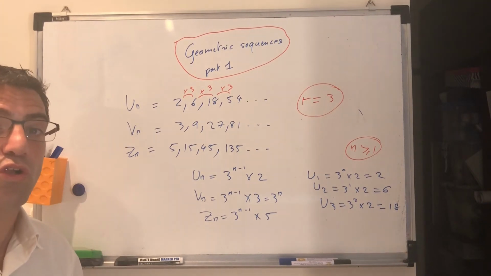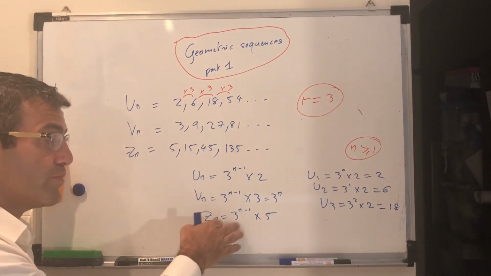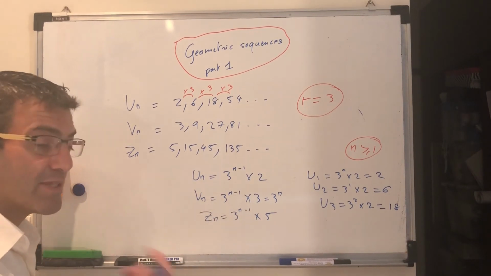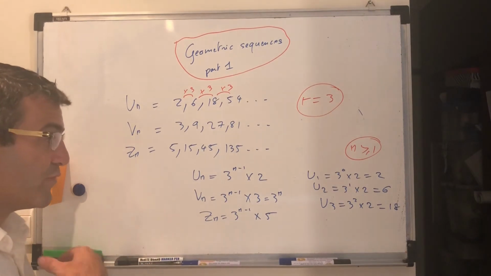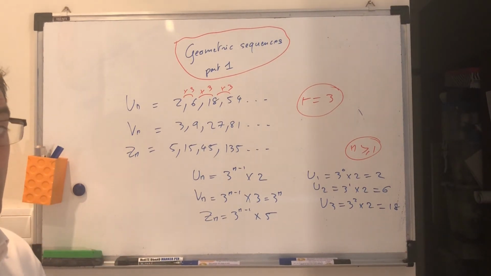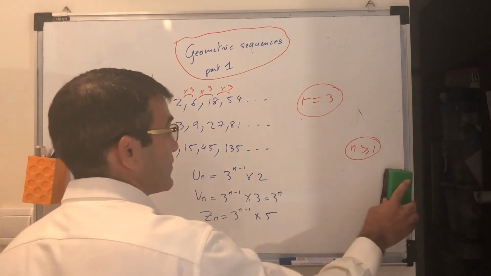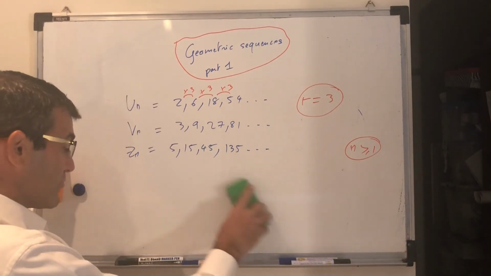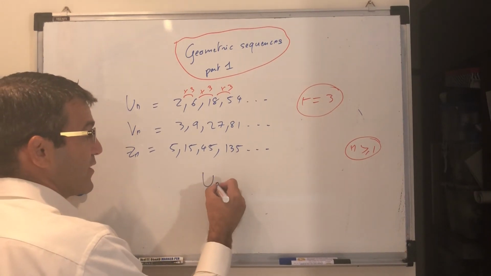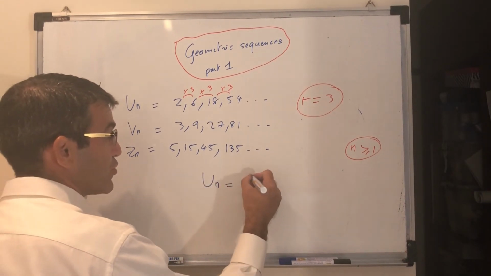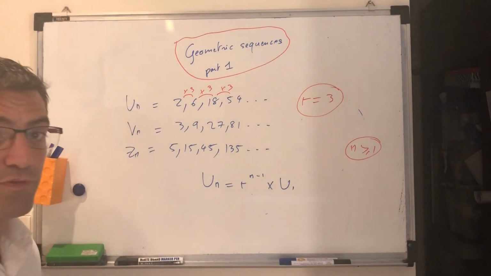This is how you name the sequence: the ratio to the power n minus 1 multiplied by the starting point. This is what you do every time. So if you needed a general formula, just to make sure that you understand how to do these, this would be your general formula. You would say a sequence u(n), which is geometric, should be the ratio to the power n minus 1 times the starting point, which is what we call the first term.